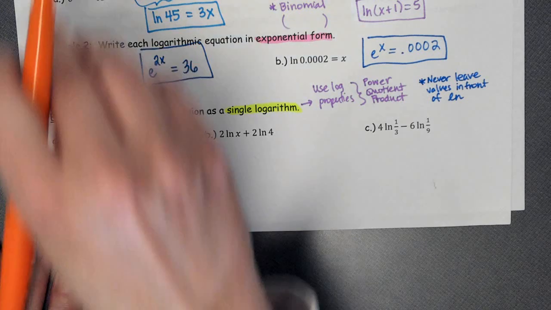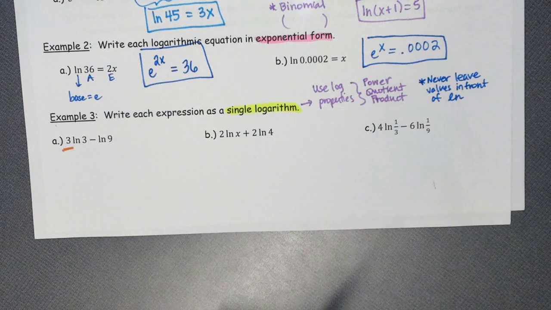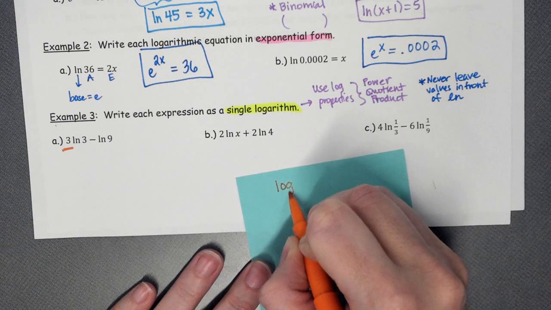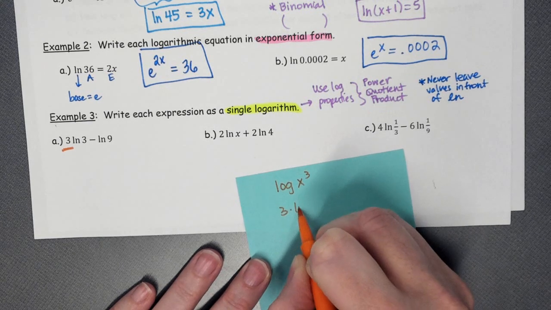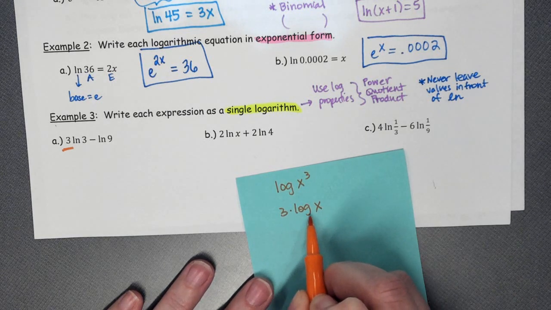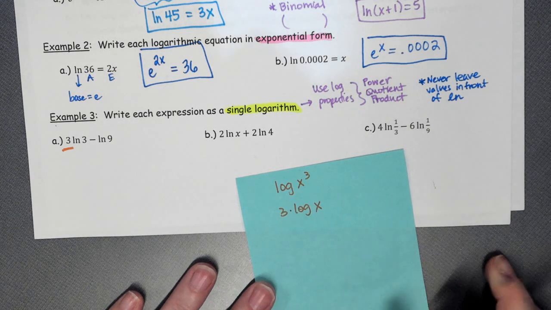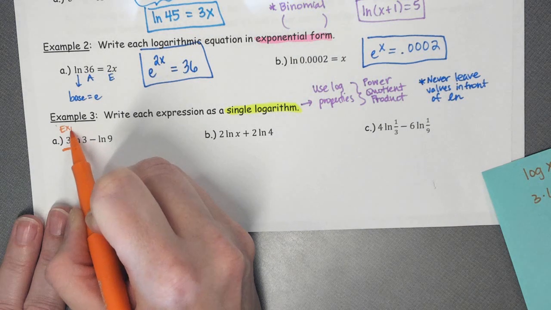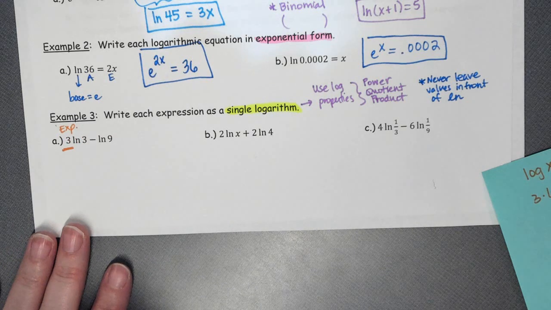Before, you might have had the log of x cubed, and you would write the 3 in front like this. Now we're going the opposite direction, where you have it in front, and you have to write it as an exponent. So this 3 in front, that is your exponent.